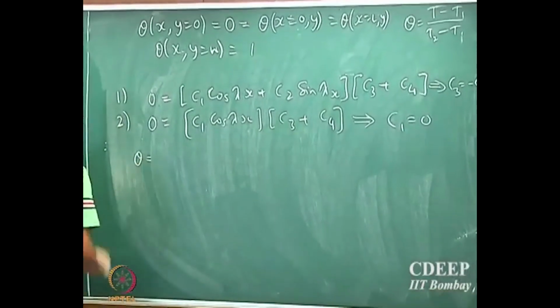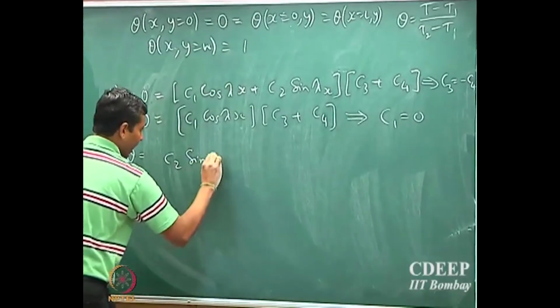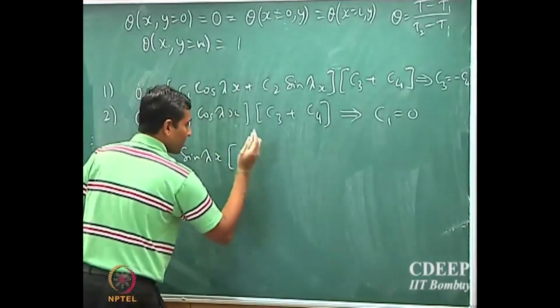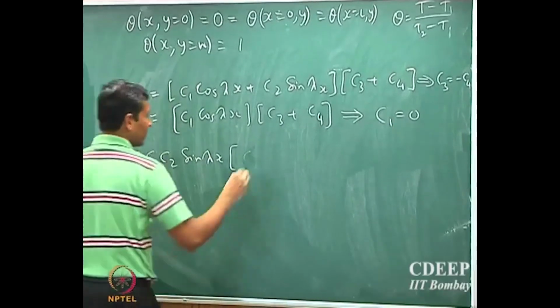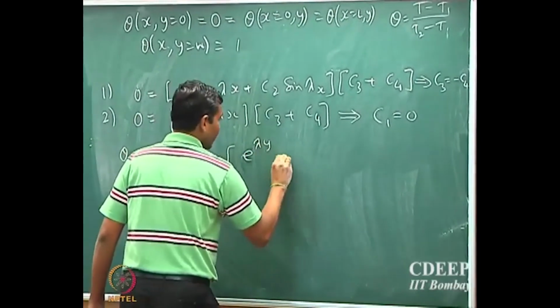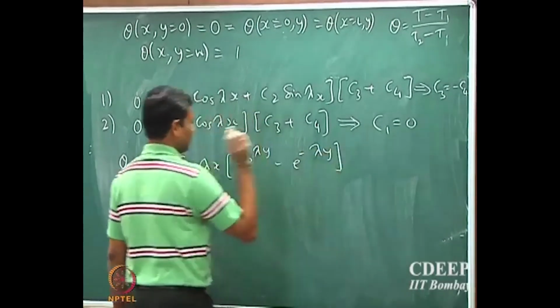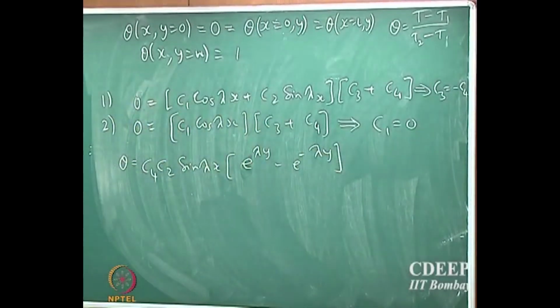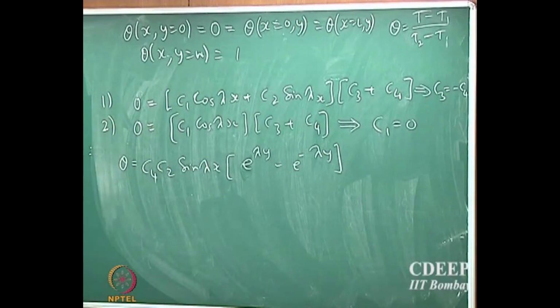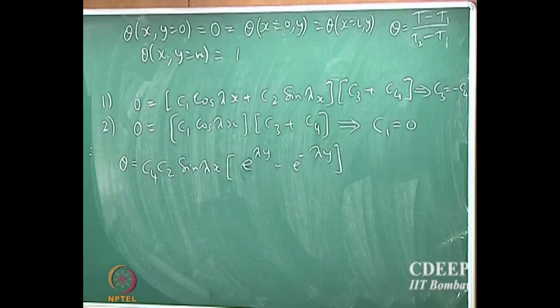So now theta equal to C2 sin lambda x into, I can pull C4 out here, e to the power of lambda y minus e to the power of minus lambda y. You will come to the third boundary condition.